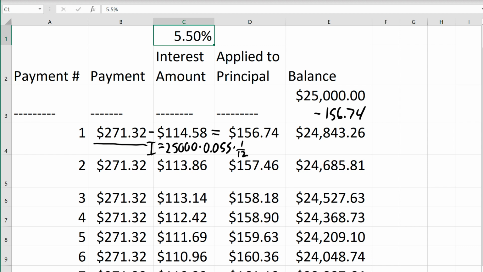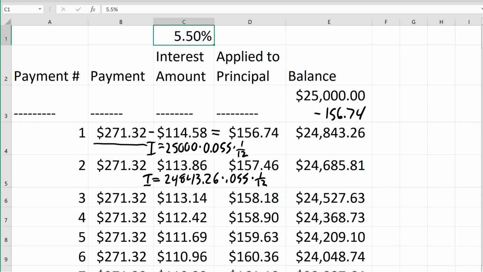The second month, the payment stays the same, still $271.32, but the interest amount changes. And that's because this time the calculation is I equals P, and P is no longer $25,000, because after making the first payment, you don't owe $25,000 anymore. Instead, you owe $24,843.26. And we multiply that times the interest rate, 0.055, times the time, which again is 1/12. So it doesn't matter that it's the second month.